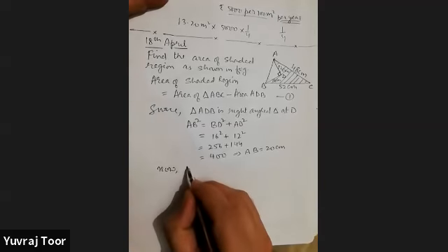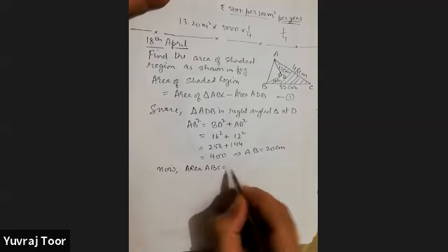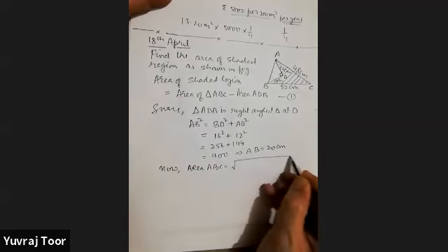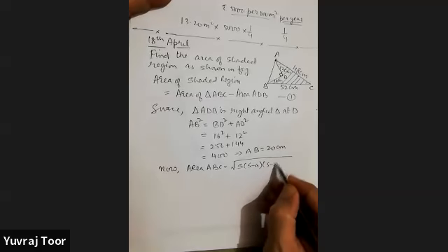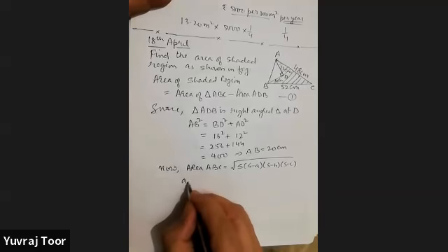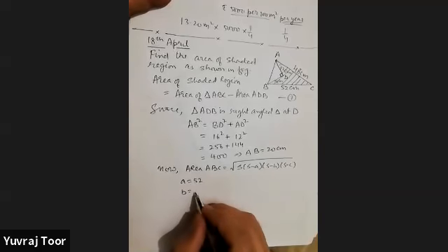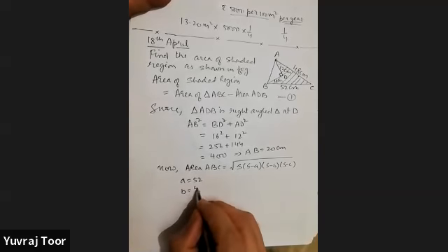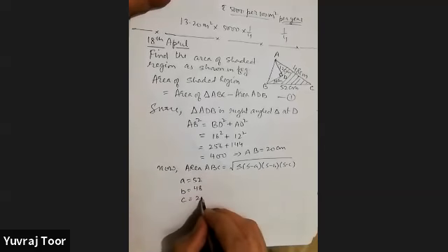Now area ABC, by Heron's formula, is root of S into S minus A, S minus B, S minus C. So A is 52, B is 48, and C is 20.